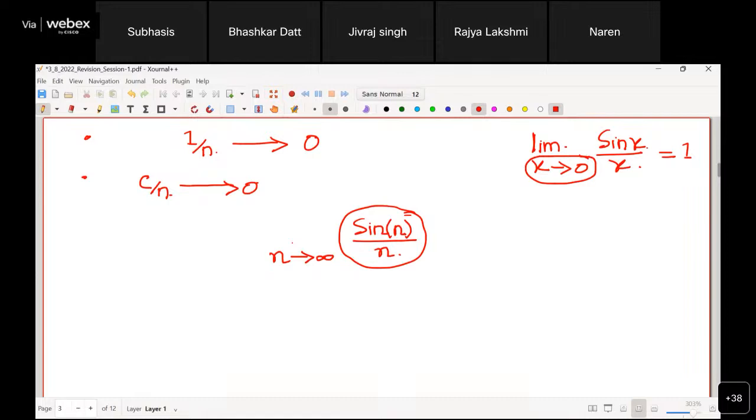If you take the sequence a_n = sin n, this is a divergent sequence. This has no limit. You know the graph of sine, it's an oscillating graph, right? Correct or not? Yes.